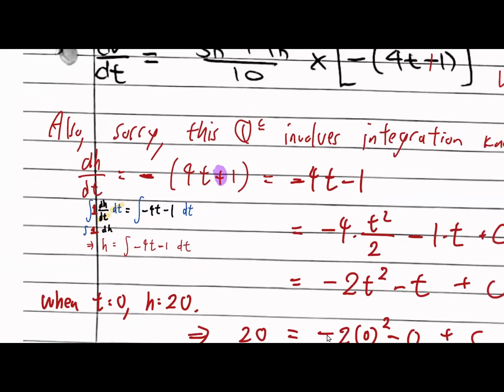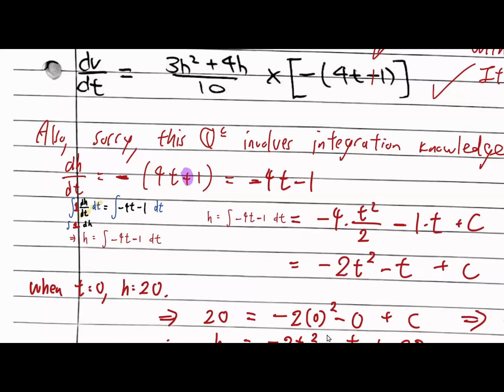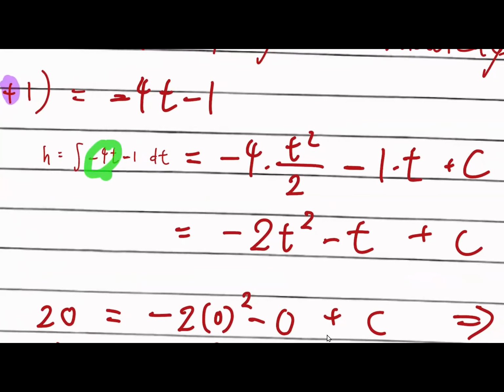So far, hopefully. Yeah. So h equals the integral of this. What I end up with is h, dh by dt, integrate to become h. Integrate negative 4t minus 1, you get this. Now you can just work backwards. How can we obtain negative 4t?